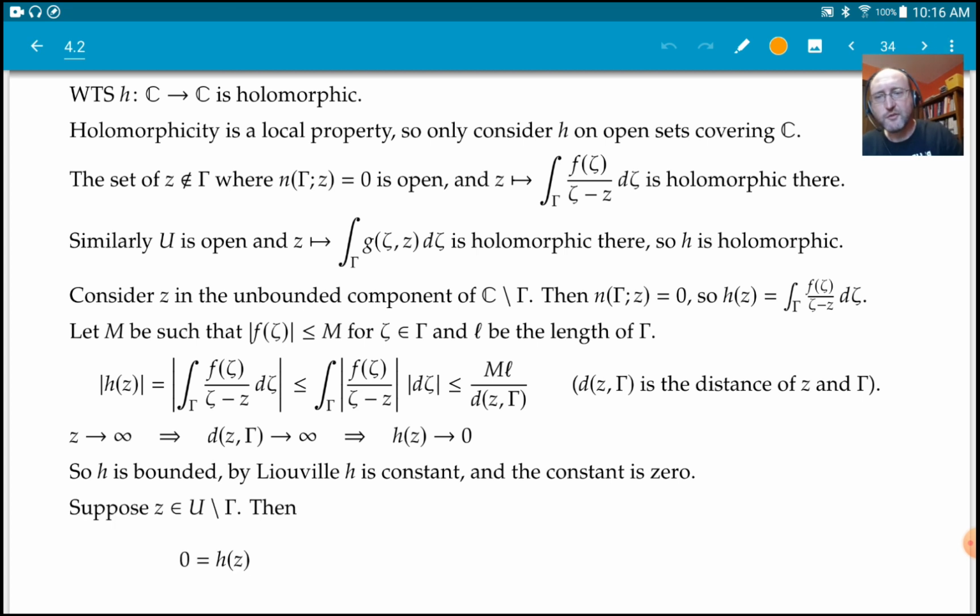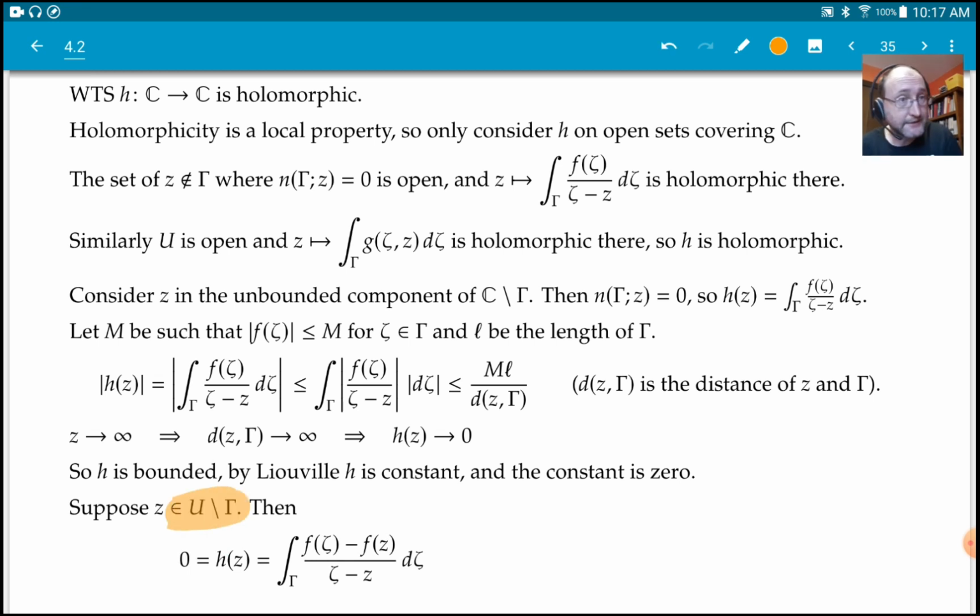So what do we have? If we look at any z in U minus gamma, then h is 0. We proved it's 0 everywhere, so in particular in U minus gamma. Well, what is h on this set?